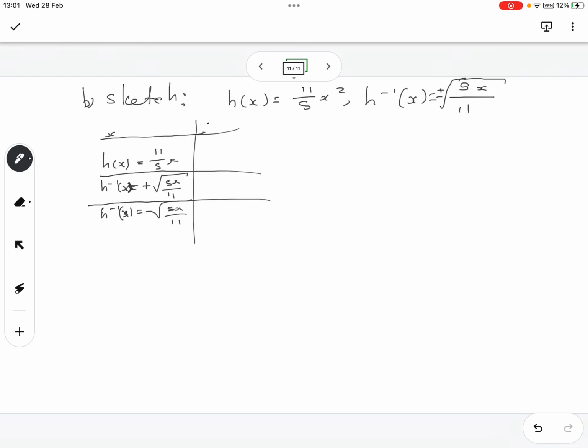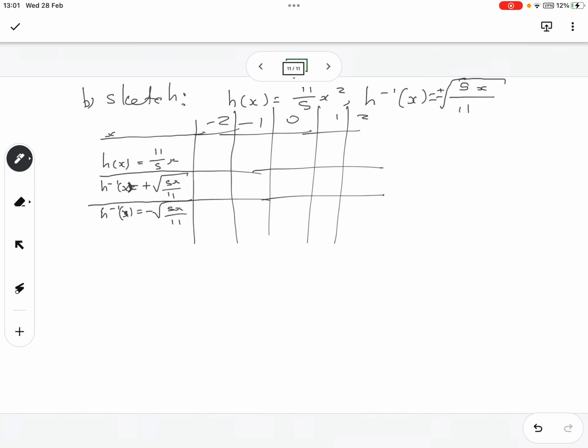We can start for values of -2, -1, 0, 1, and 2. For -2, 8.8. That's for h of x. For -1, 2.2. Awesome. 0, 0. So that means it's also 2.2 there again.